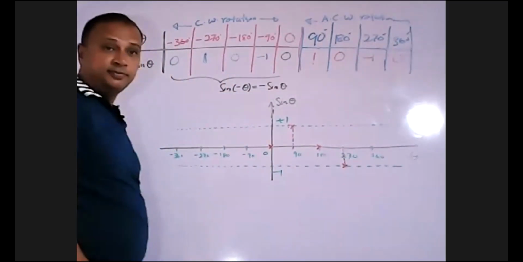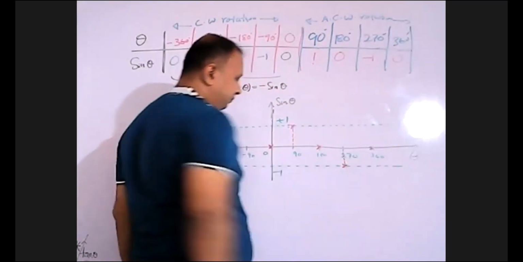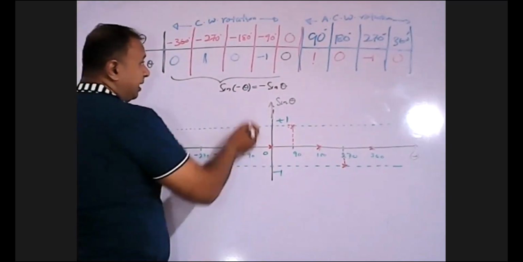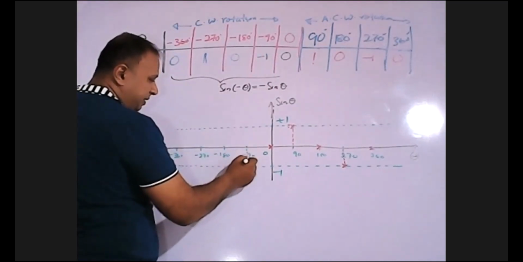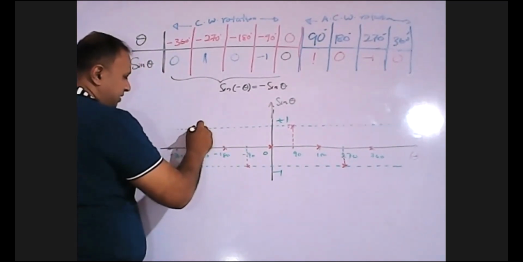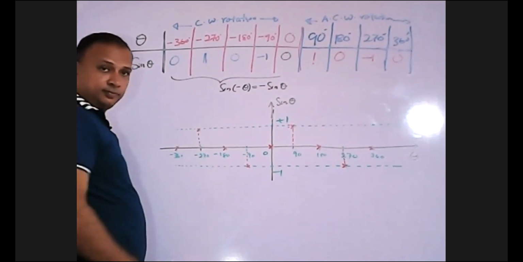When it is 360, it is 0 again. At minus 90, that means minus 1. This is 0. This is plus 1. And this is 0. Look at this.